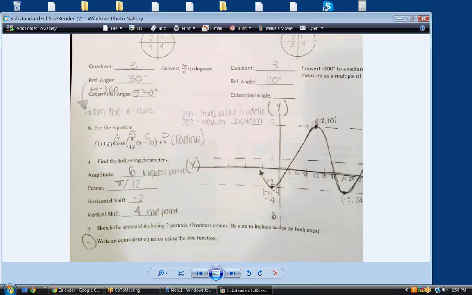In other words, the way they've expressed this here, 2 is your phase shift. I don't have to take this pi over 12 outside of the second set of parentheses. In fact, this second set of parentheses isn't even needed. If I erase those, I've got the same function. They're put in there only for clarification, and they confuse more than they clarify. So I wouldn't have put them in.